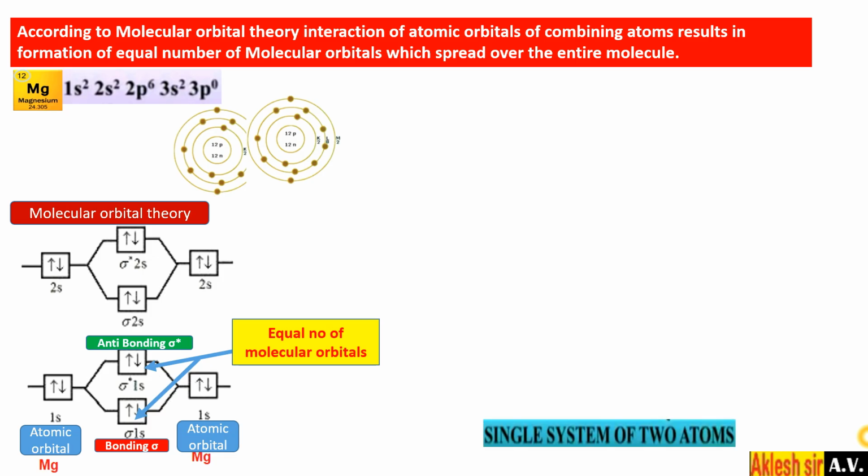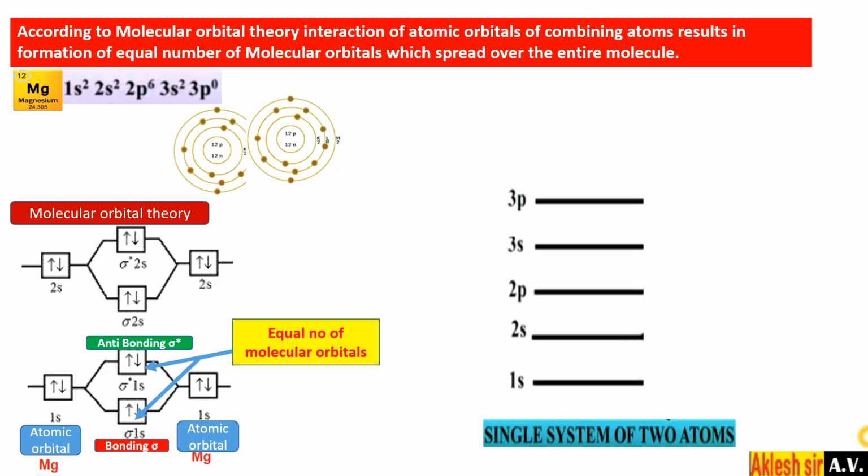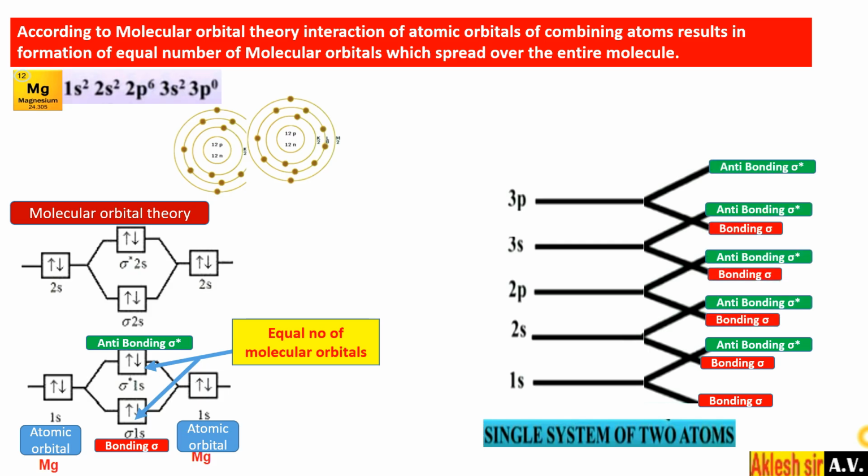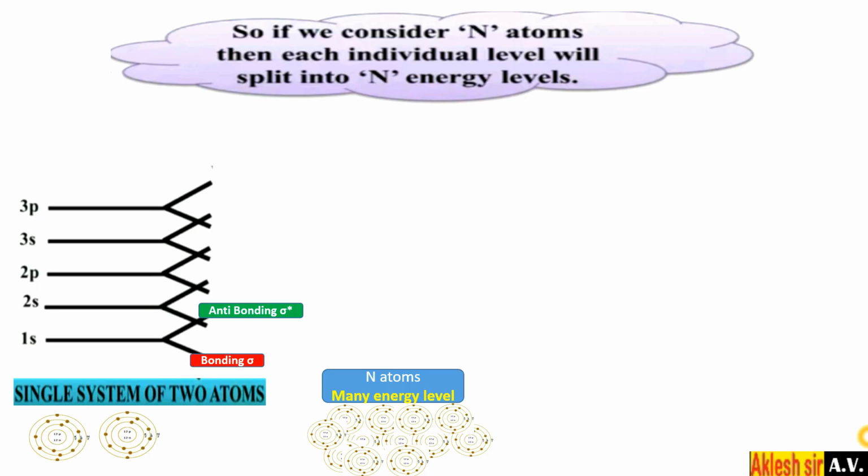A single system of two atoms consists of bonding and anti-bonding orbitals. So if there are n atoms, each individual level splits into n energy levels.